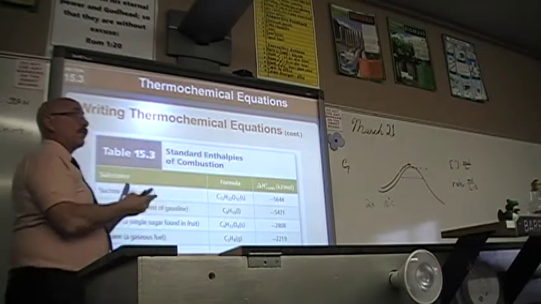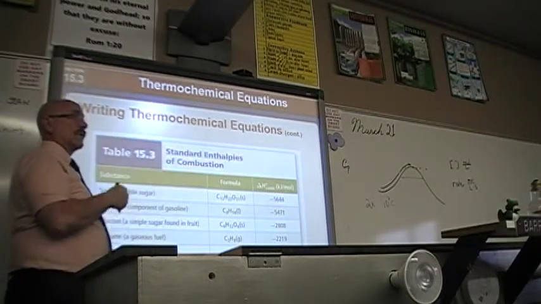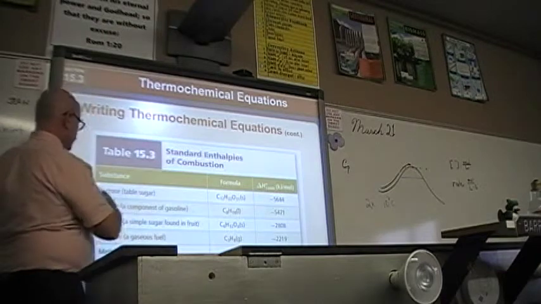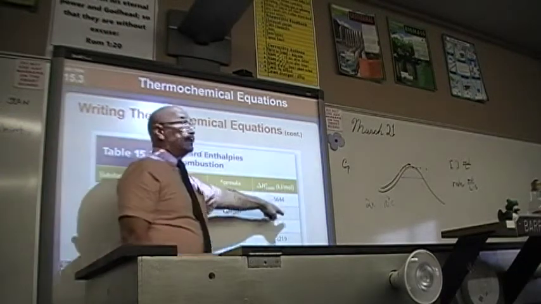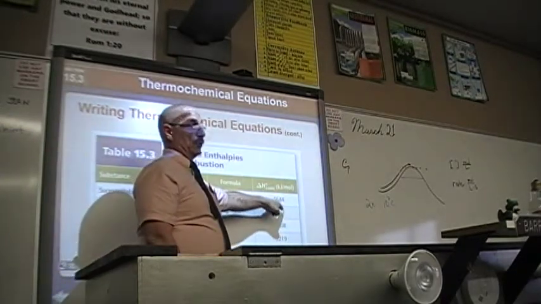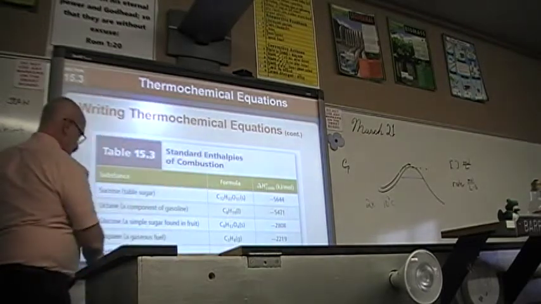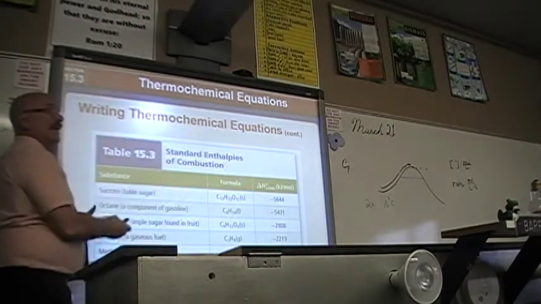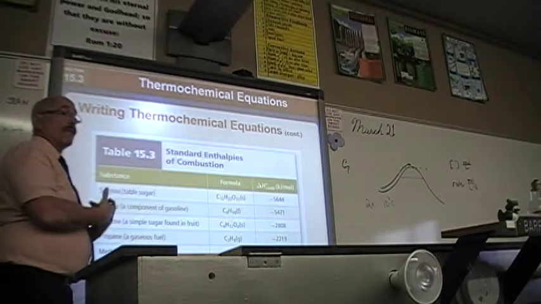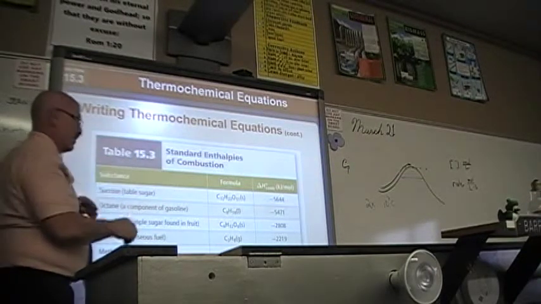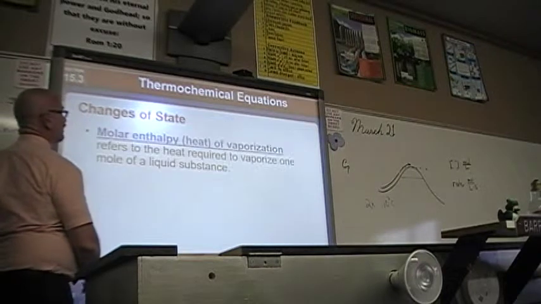What's the best fuel? Is it going to be this, or is it going to be gasoline or diesel or whatever? I forget what we were talking about. So we were looking at this. What's the delta H of combustion? It's called a heat of combustion or an enthalpy of combustion. Those are determined experimentally in a what? Bomb calorimeter. It has nothing to do with a bomb. Don't worry about it.